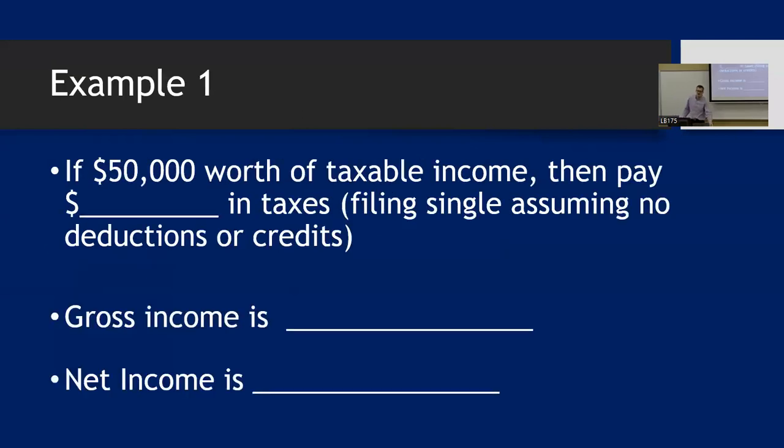So we saw, again, our standard example, the single person who has a $50,000 income. We've calculated that this person should pay $6,790 in taxes.